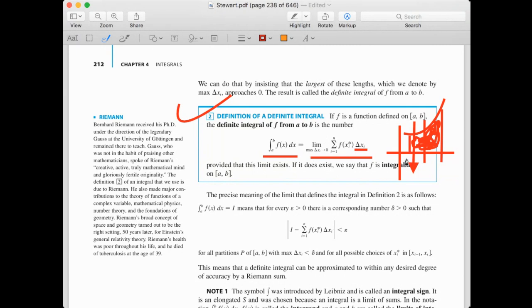So let the change in x go to 0, cutting into infinitely many pieces. We define this whole thing, the finite sum, as the integral, written with the elongated S, the long S integral sign.